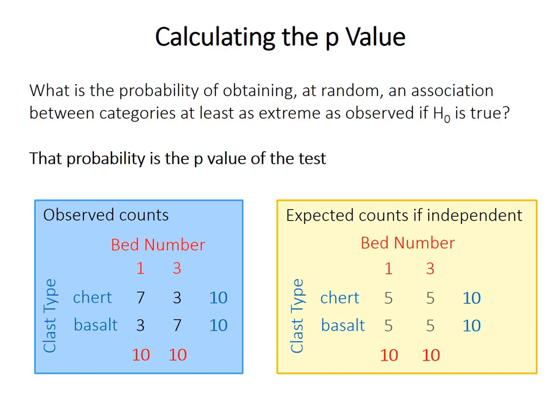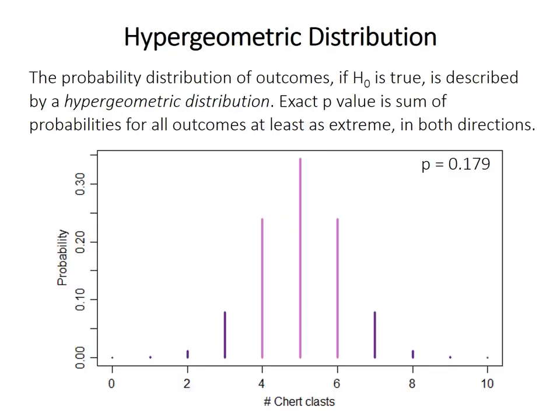So the greater your observed counts deviate from that expectation of equality, the more likely the result is to be significant. And so the probability of observing a particular outcome in this test is calculated from a type of discrete probability distribution called the hypergeometric distribution. So you've seen a discrete distribution when we talked about the binomial test.